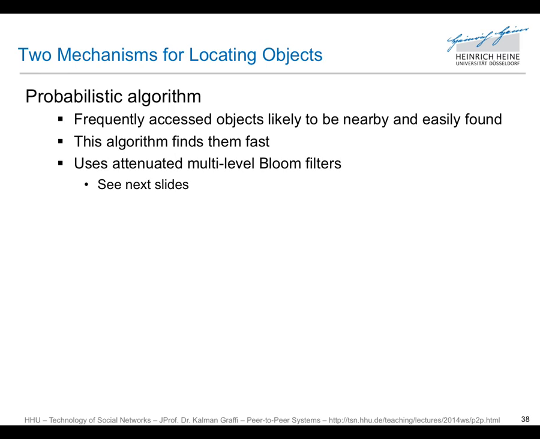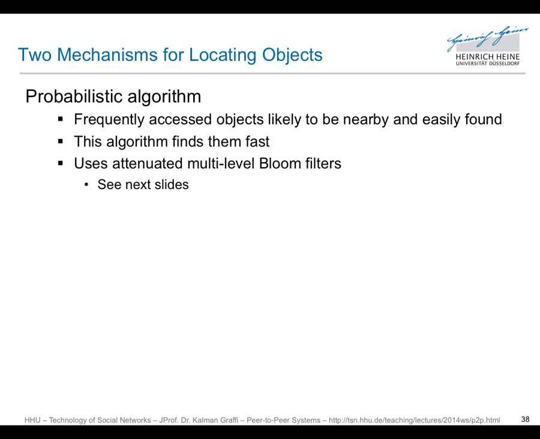So just to see how the mechanisms for the location are done. First we have this probabilistic algorithm, which is very simple, similar to this expanding ring. The main idea of the expanding ring was that popular items are found in your neighborhood.